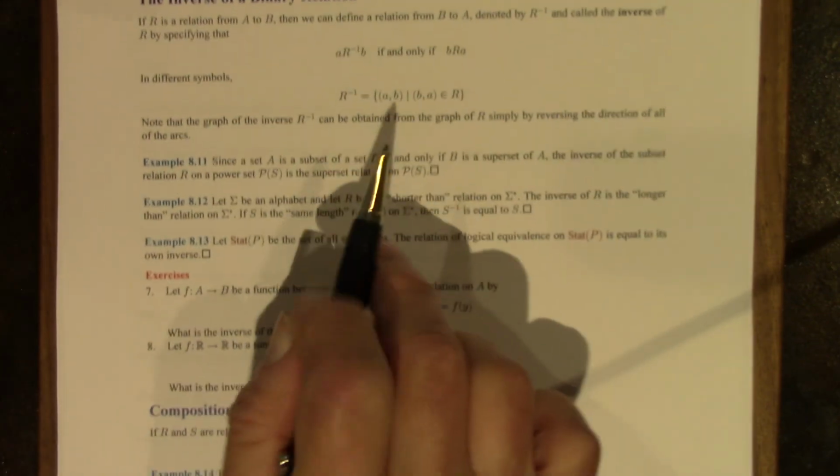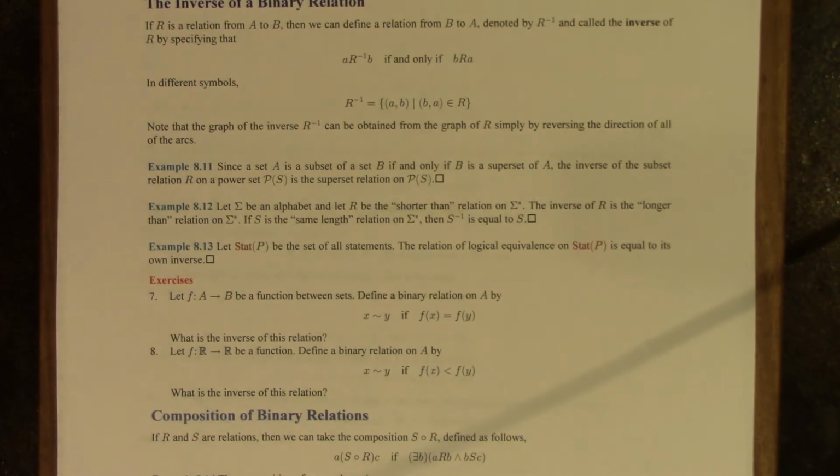We can get the graph of R inverse from the graph of R just by reversing the direction of all the arcs, all the arrows labeling the arcs.